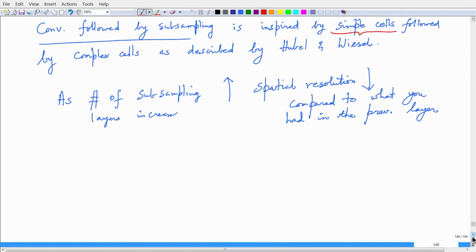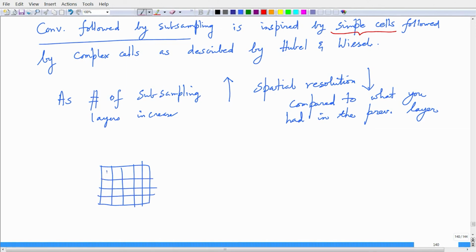This makes sense because suppose I have an image to start with, and I initially extracted features that were local.